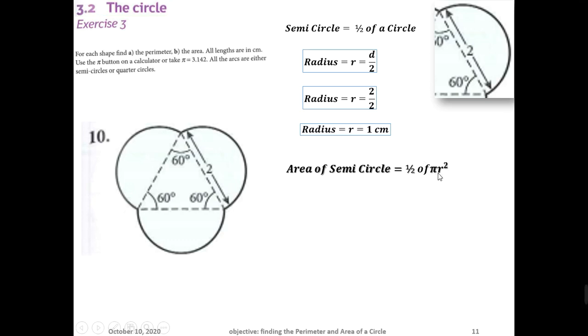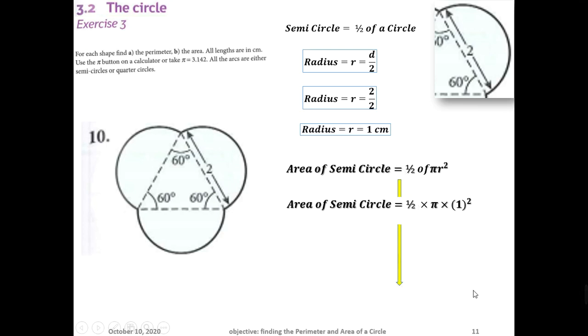Let's substitute in this formula. Since r is 1, r is going to be replaced with 1, and "of" means multiply. So we wrote the general formula. Let's substitute using r as 1. So it's going to be half times pi times 1 to the power of 2.